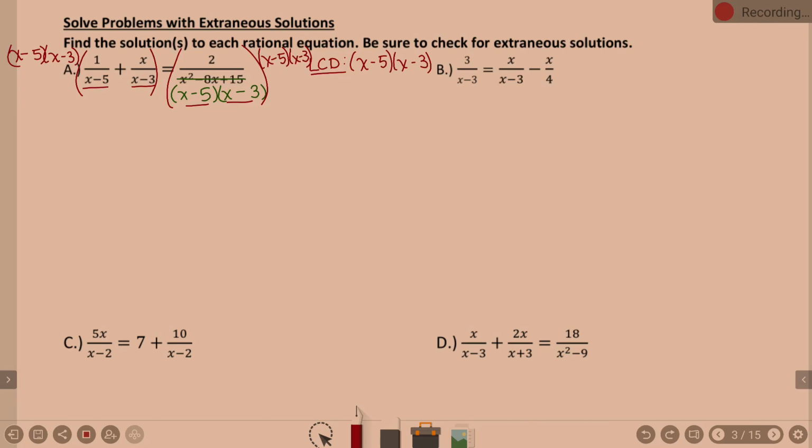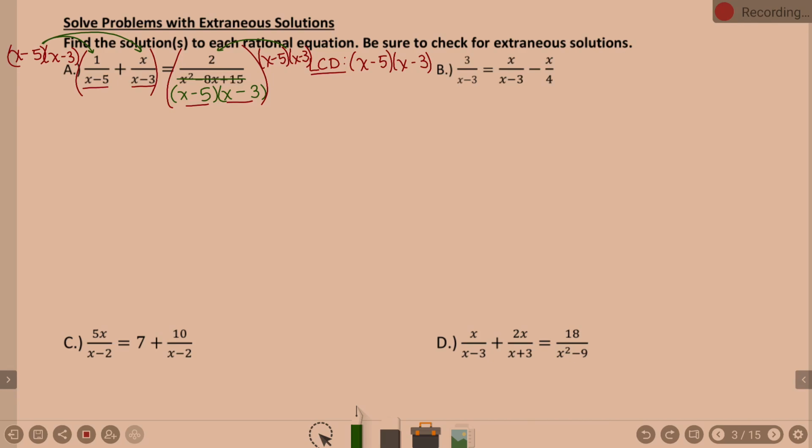The idea, realize, is that x minus 5, x minus 3 is going to multiply by each term. So on the left, x minus 5, x minus 3 multiplies by 1 over x minus 5, and it multiplies by x over x minus 3. On the right, it multiplies by this one fraction.